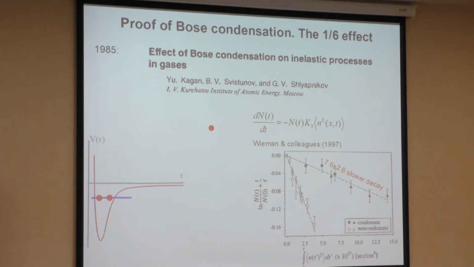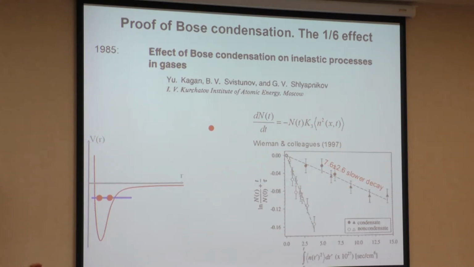This is the rate of losses due to this three-body chemical reaction. So the loss rate dN/dt, where N is the number of atoms, is minus N times a constant times, since this is a three-body process, the average density to the power of 2. If it were a two-body process, the density would be to the power 1.